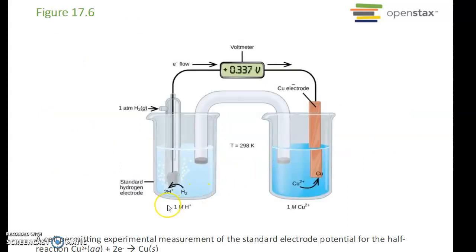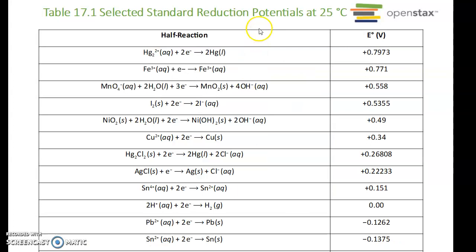So a cell permitting experimental measurements is the half reaction of, here again, we have hydrogen as a standard, and here we have copper, and so we are able to measure this one right here, right? Because we know that this one is going to be 0. So these are values of the different half reactions.